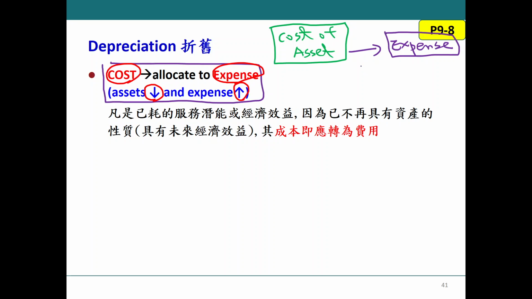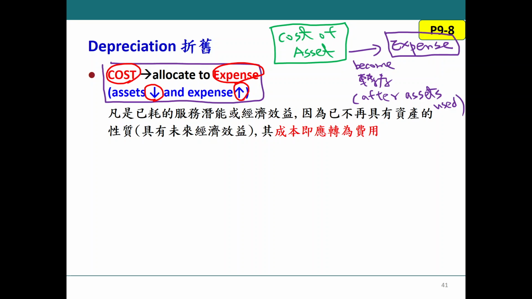Okay? 转为费用 after asset used. Okay, any questions? Assets will become expenses after your assets are used.